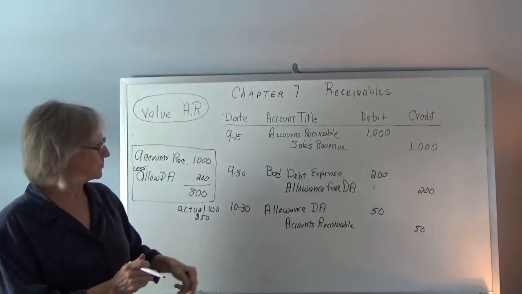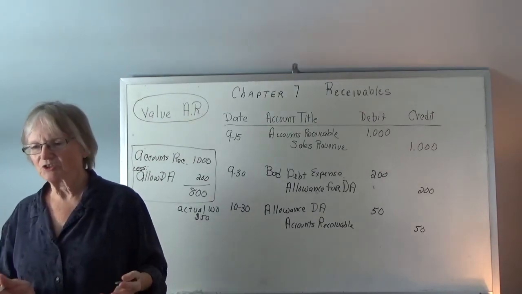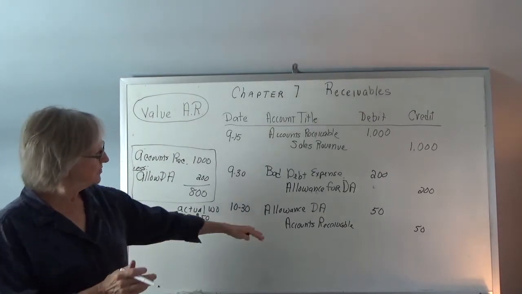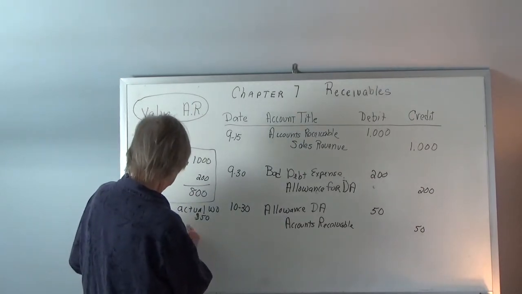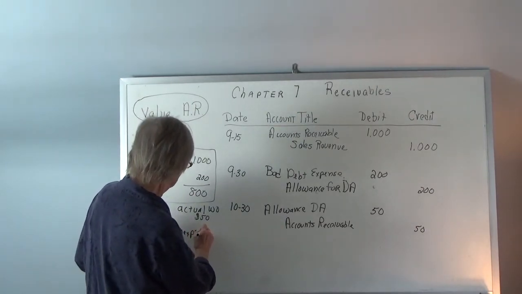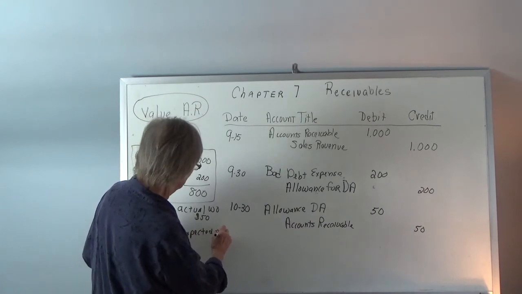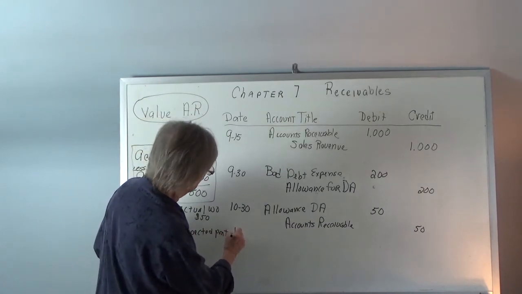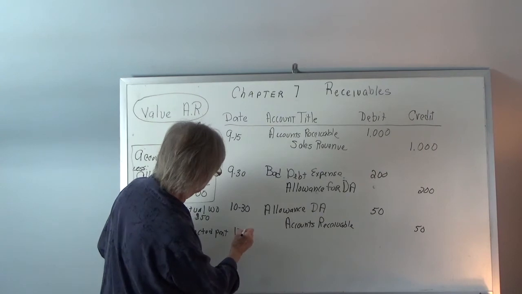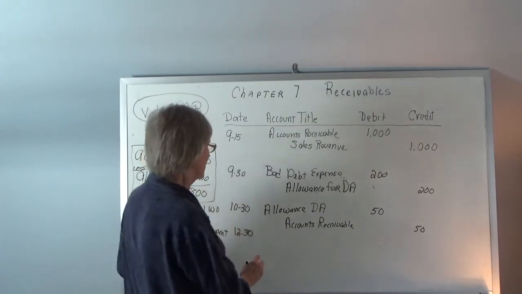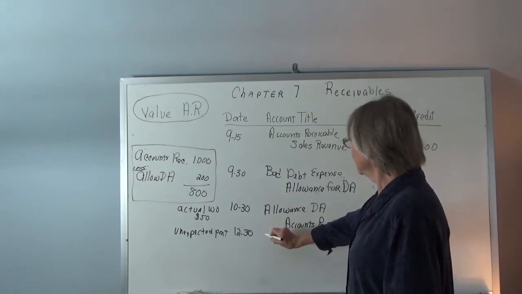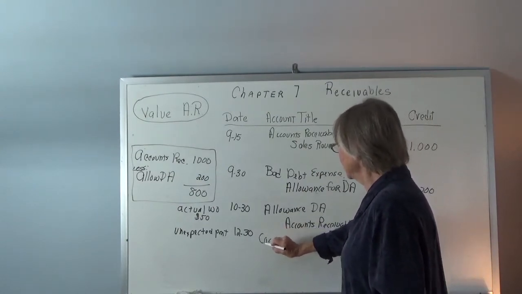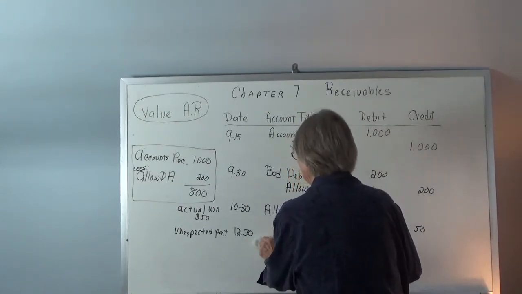Okay, so now what if this person unexpectedly sends us a check? Now we've written off that receivable. So if we get an unexpected payment, say he got a big Christmas present from somebody, and says, oh, well, I really should pay what I owe there. First thing we'd have to do is to reinstate the account.